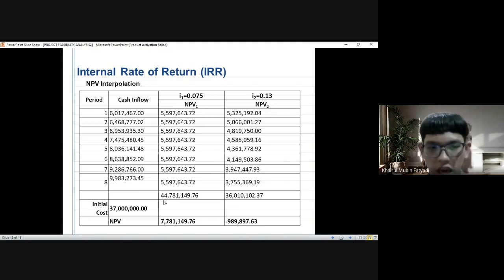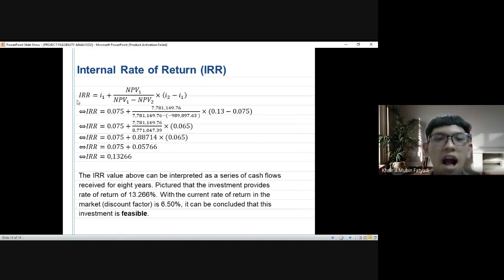So we get the NPV is positive, that is 7,781,149.76. And then we have I2. I2 is equal to 0.13. So we get NPV2 is negative, that is 989,987.63.